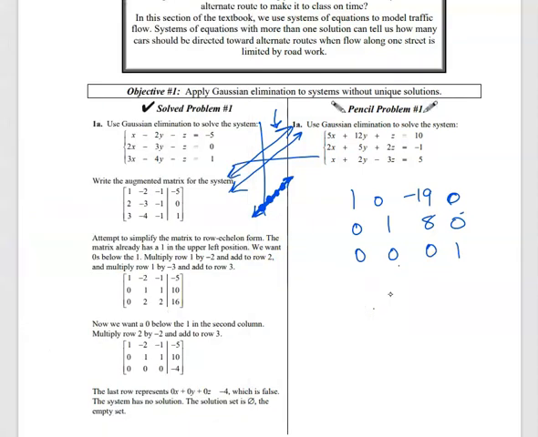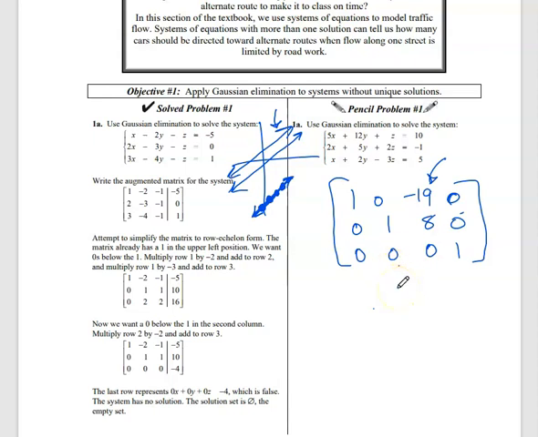And this is what you would end up with doing Gaussian elimination. It's not even possible in this case to do Gauss-Jordan elimination, which is to obtain the entire reduced row echelon form, because we cannot do anything about these numbers that are in this column right here, the -19 and the 8.